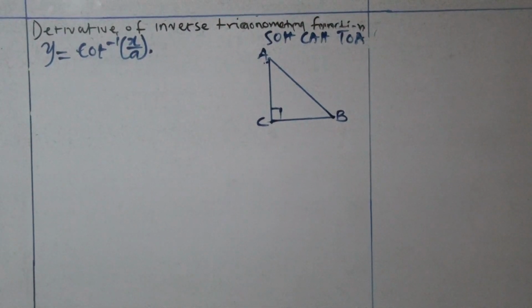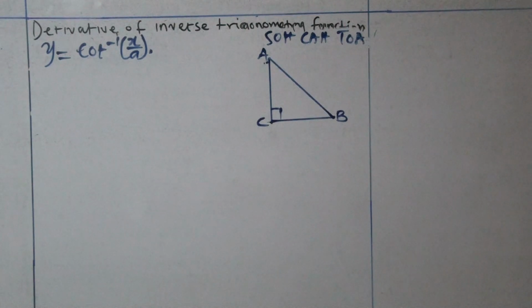Good day, viewers. In this virtual class, we're going to look at how to find the derivative of cot inverse, that is inverse trigonometry. In this case, we're going to look at cot inverse as our example.